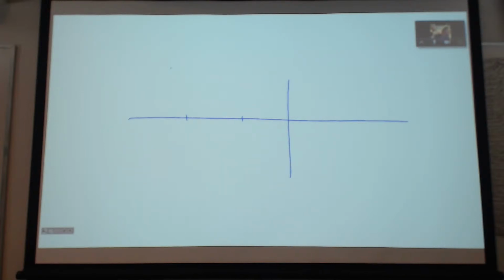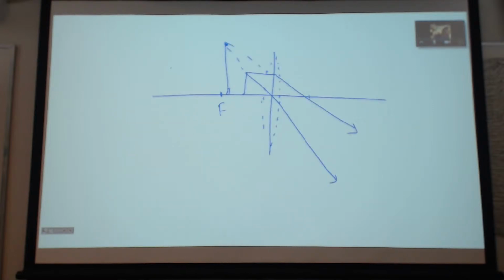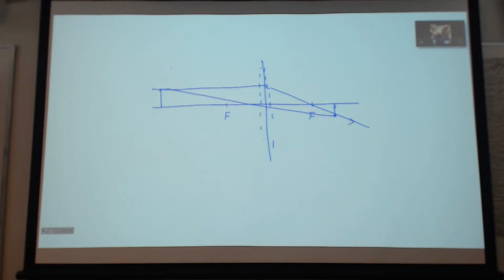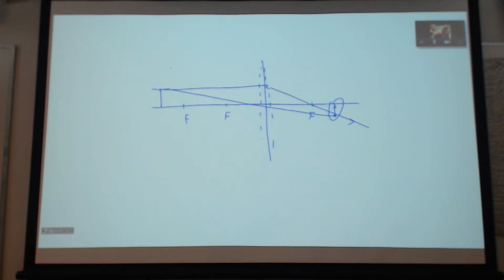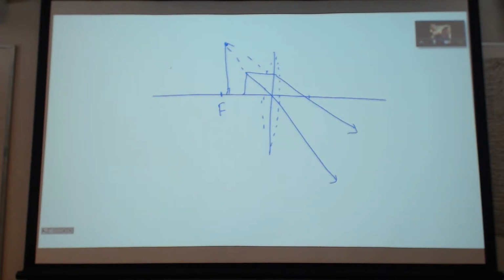So now you know how you have to place your object. It has to be between the focal distance and the doubled focal distance, on the other side. Oh, stop. No, it's already smaller. So, no. Wrong.